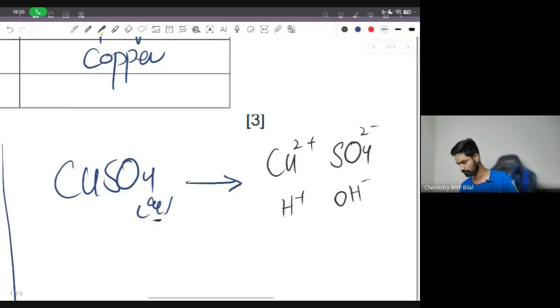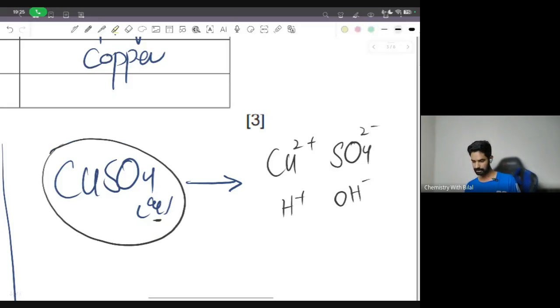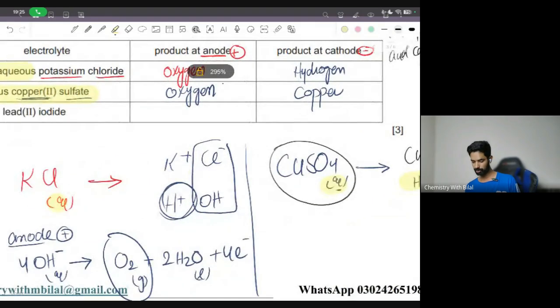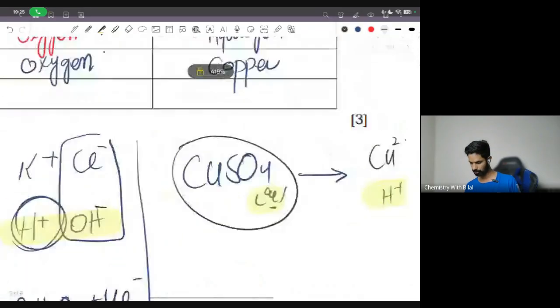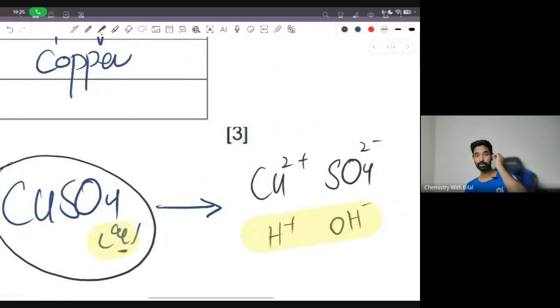I have told you trillions of times that first of all you should know how many and what type of ions are present in the solution. Now this is your electrolyte. Since it is aqueous, it must have these two ions, whatever the aqueous solution. We have locked that in: H positive, OH negative. Then since it is copper sulfate, copper will be there, sulfate will be there.